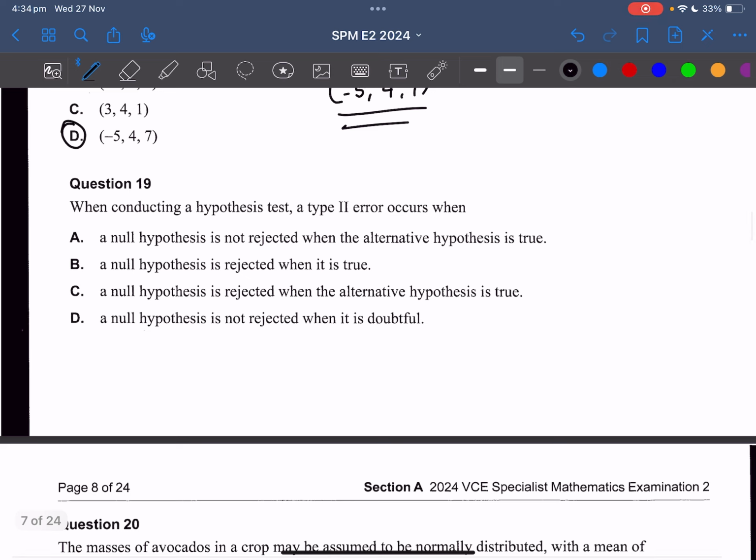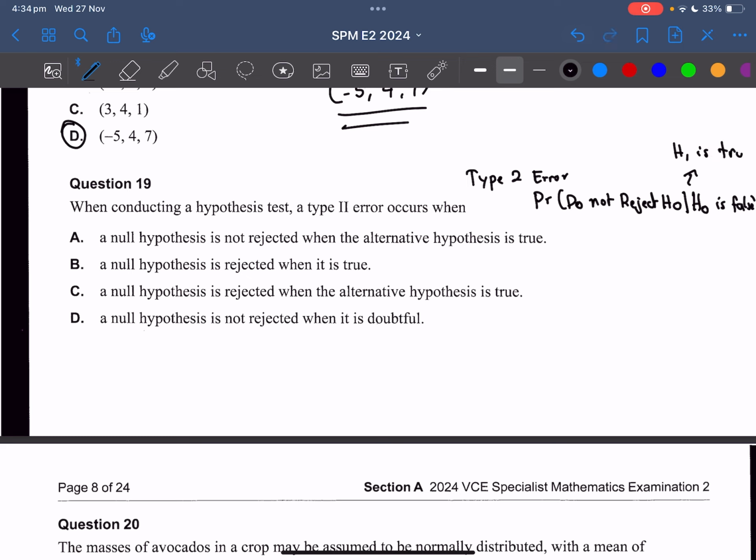When conducting a hypothesis test, a type 2 error occurs when? Okay, so type 2 error is basically the probability that we do not reject H0 given that H0 is false, or you can say H1 is true.